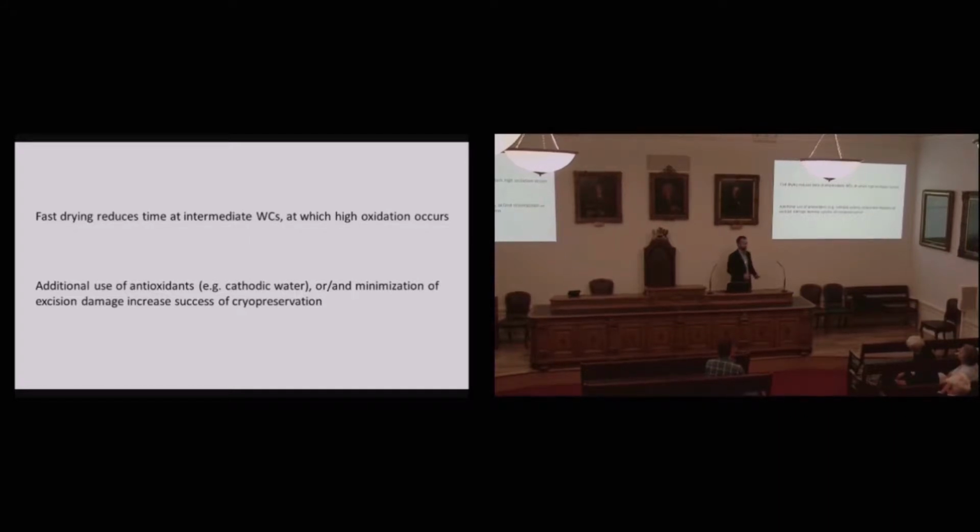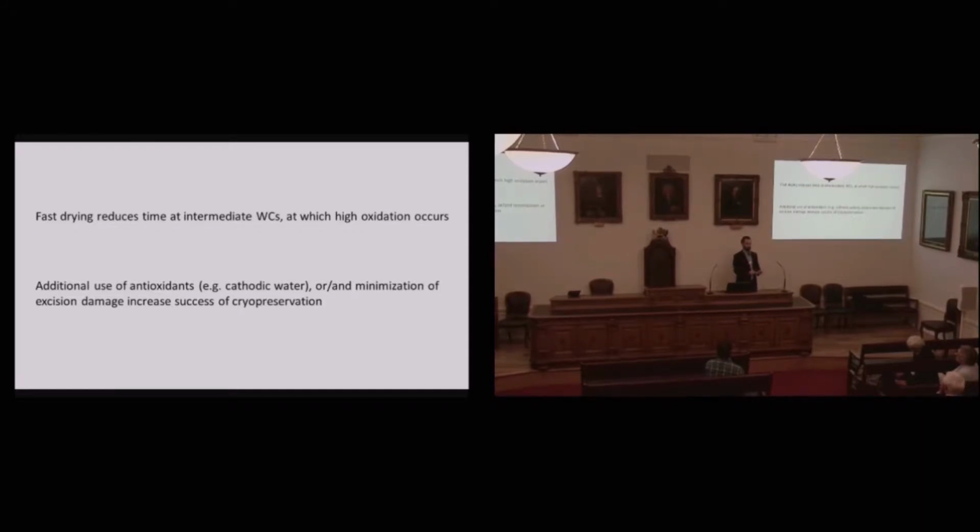For example, the use of cathodic water that was developed a few years ago by the lab of Patricia Berjak and Norman Pammenter, and also trying to minimize the excision damage during the excision process. In the case of shoot tips, I know when working with banana plants in Cincinnati that they had problems depending on which part of the stem they were excising the axis from, how mature or immature it was, and the time needed from the first axis excised to the last one.